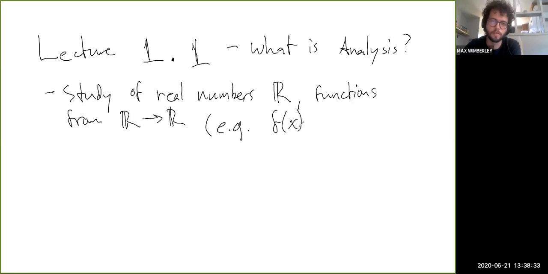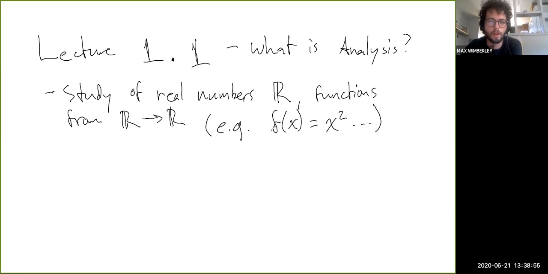Something like f of x equals x squared. Of course, this is an extremely simple example of a function. We're going to be encountering a lot more complicated and strange examples of functions throughout the class.